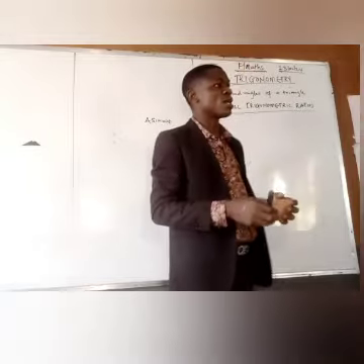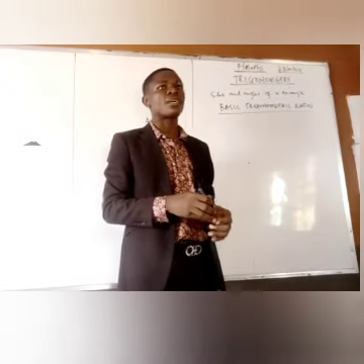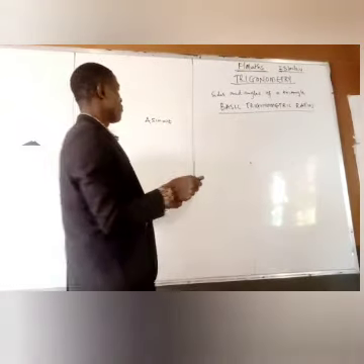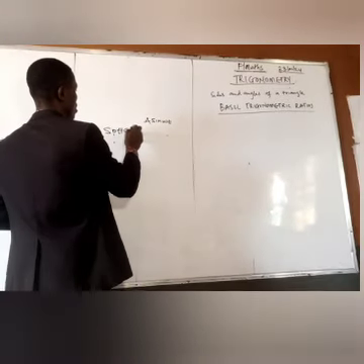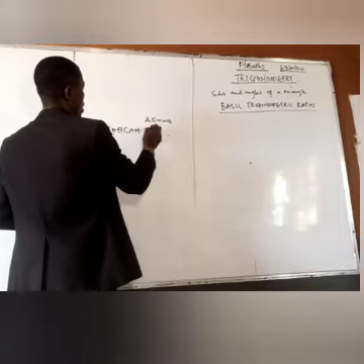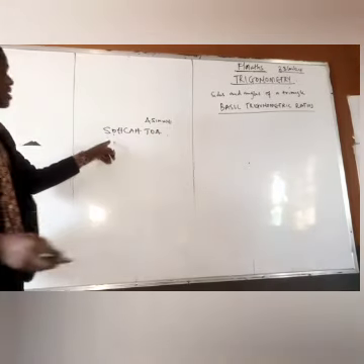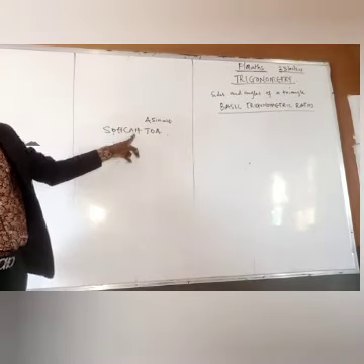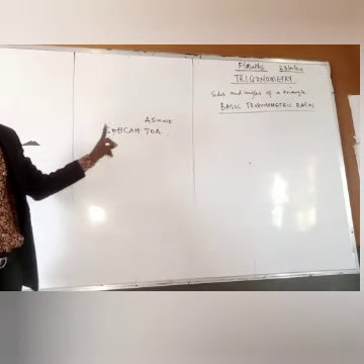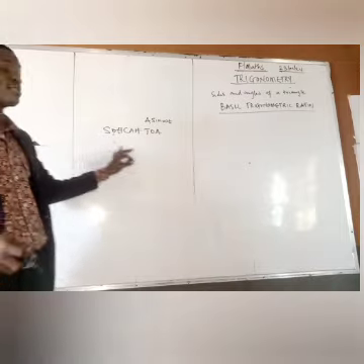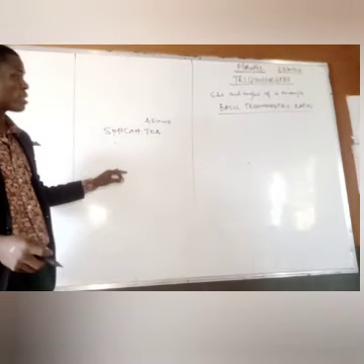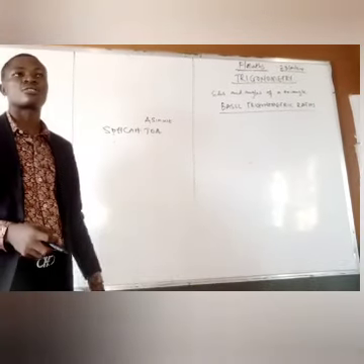So the first one is what? Sine. So we have sine, cosine, and tangent. We can define these three ratios based on a right-angled triangle.